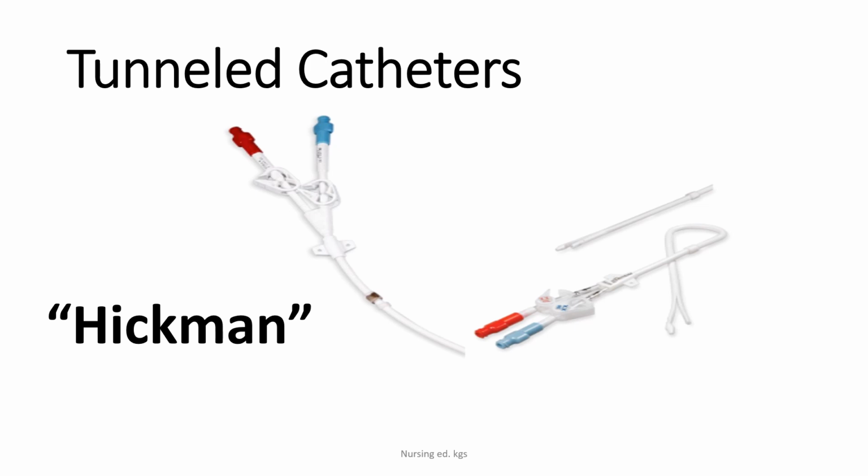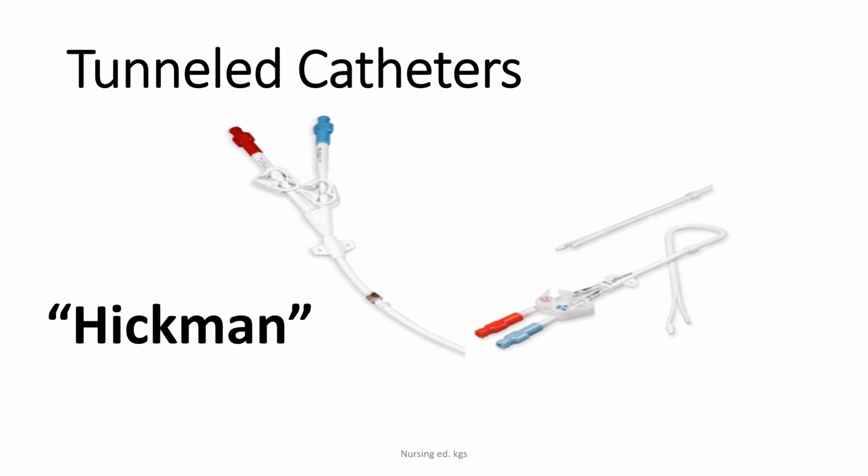Venous cut-down is a surgical procedure where a physician will directly visualize your vein while they are placing that cannula. Tunneled catheters can be either cuffed or non-cuffed.